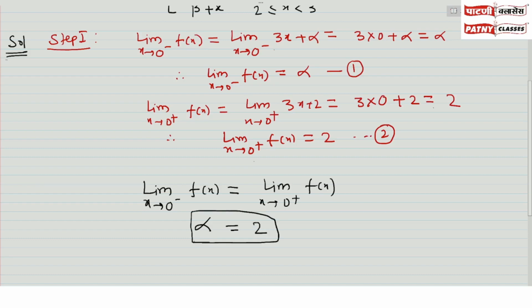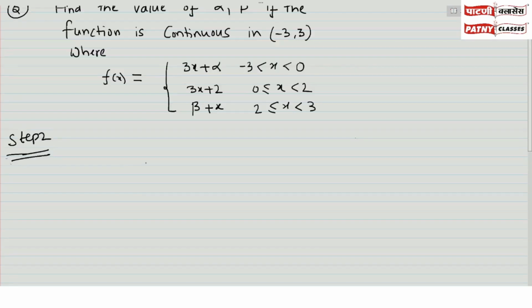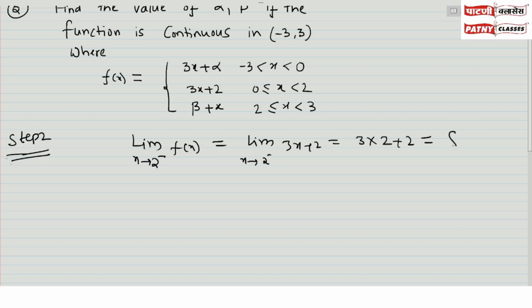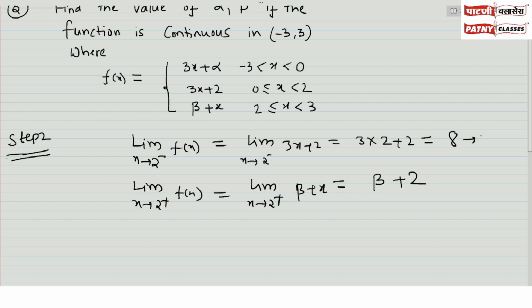Now we are left with beta. Under step 2, limit x tending to 2 minus f of x equals limit x tending to 2 minus 3x plus 2 equals 3 into 2 plus 2 equals 8. Now limit x tending to 2 plus f of x equals limit x tending to 2 plus beta plus x equals beta plus 2. Call them equation number 3 and equation number 4.